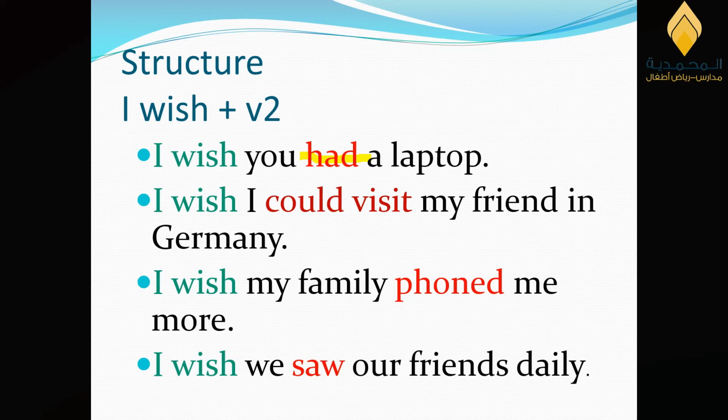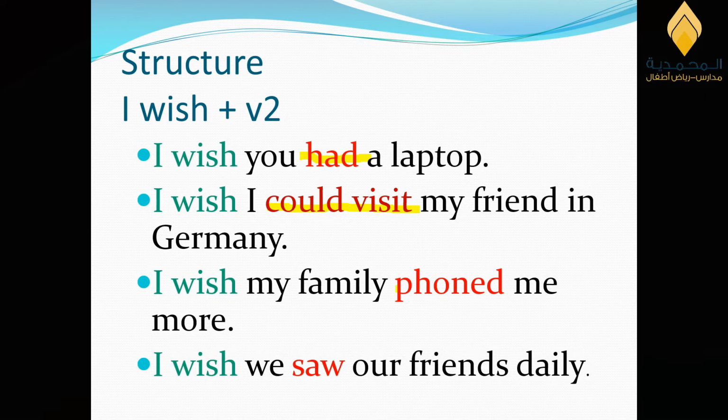Next, I wish I could visit my friend in Germany. Again, you start your sentence with I wish, and after that you add could or would to express a situation that you want it to be different. Next one, I wish my family phoned me more.